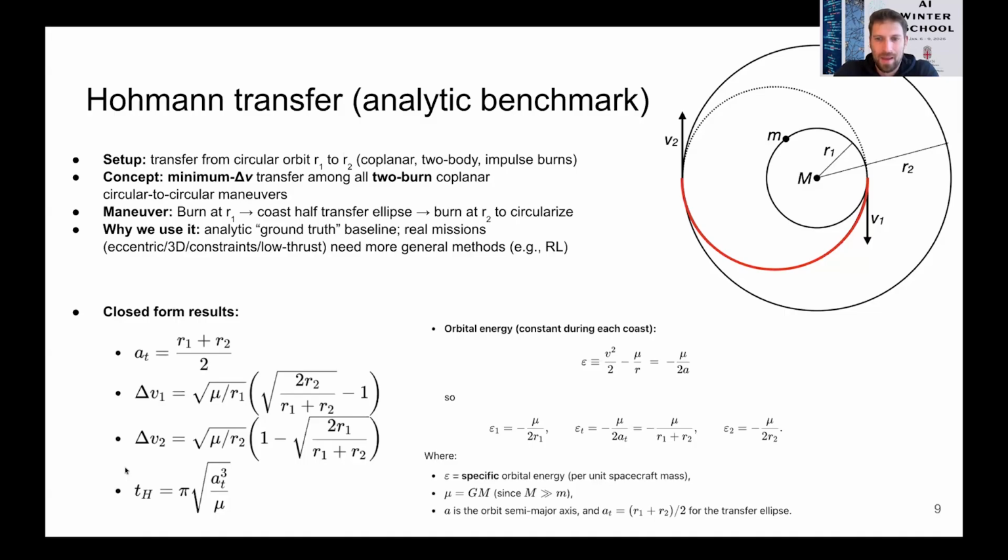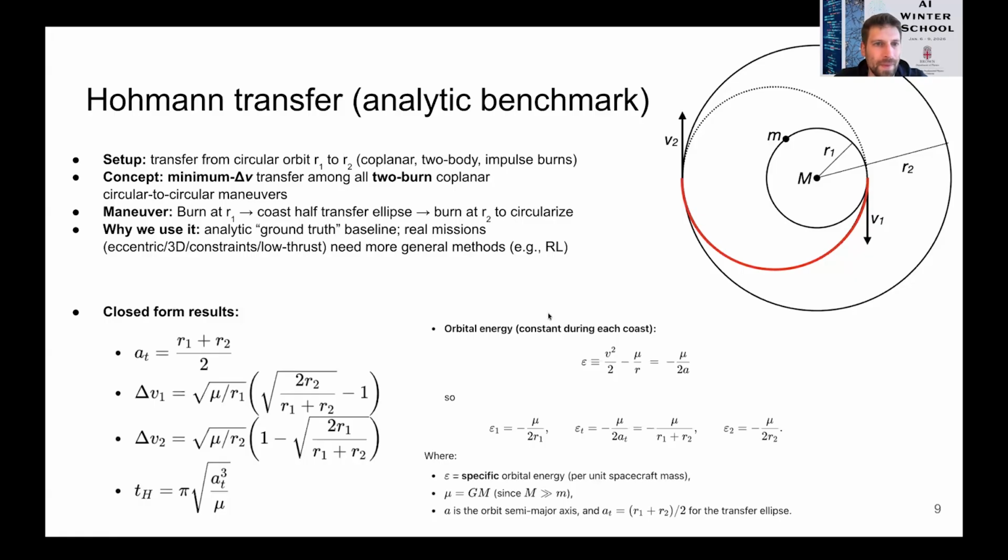The other thing to point out here that we saw earlier is the normalized energy per unit spacecraft mass, the script D. At each coast phase, so at R1, on the transfer ellipse, as well as on the final orbit, we can calculate the energy, and these are just functions of the radii and the mu mass term here.